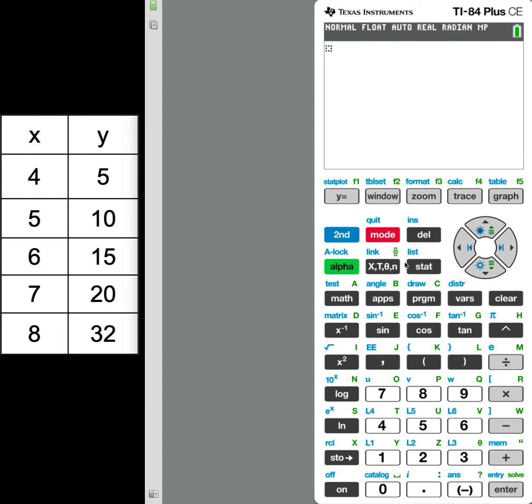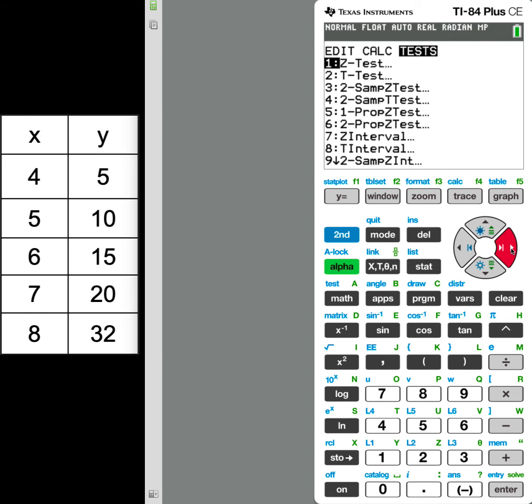Now, there are different ways that you could find the correlation coefficient, and different ways that you could find the regression equation. I like to go to this particular place because it gives me a lot of information in one shot. So stat and over to test.